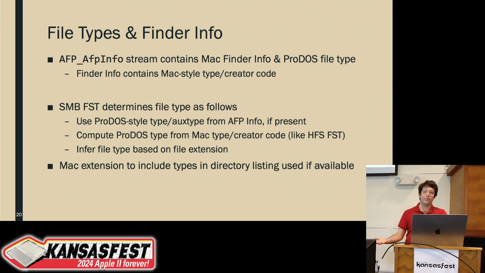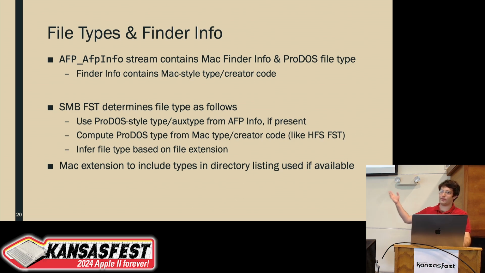And so following on from resource forks, the other major option of Apple IIGS specific metadata is file types. And also Finder info, which is more of a Mac thing, but is also supported on the GS. The Mac Finder info is actually how the classic Mac represented file types.